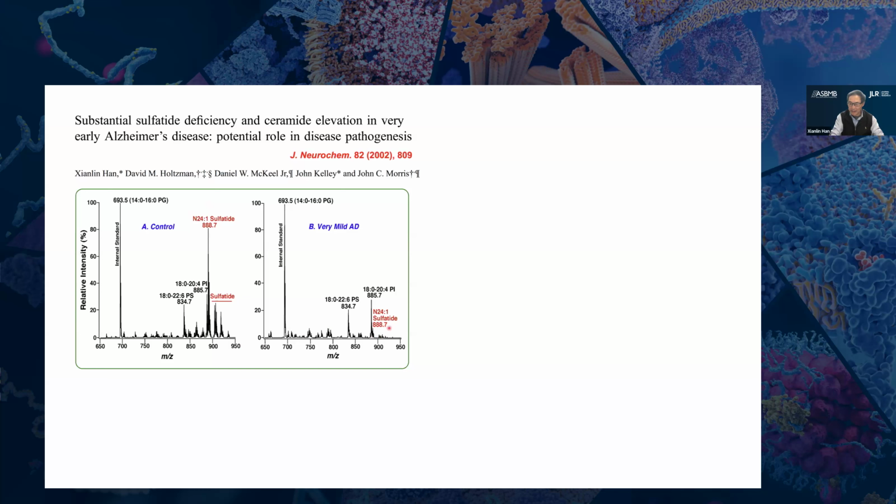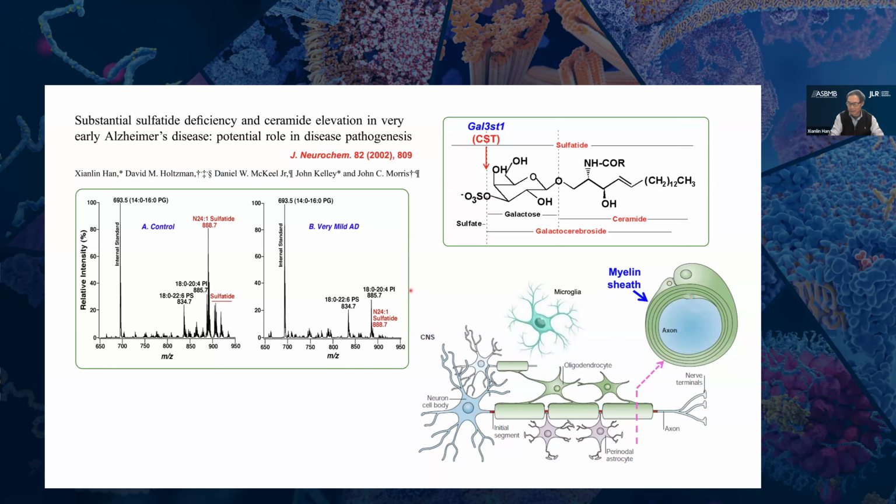So the first thing we thought to study is such a remarkable, marked loss of sulfatide. What's the biological consequence? Is it connected to Alzheimer's disease?